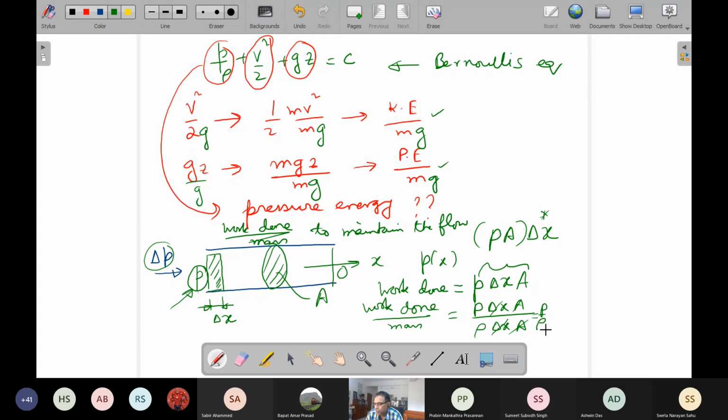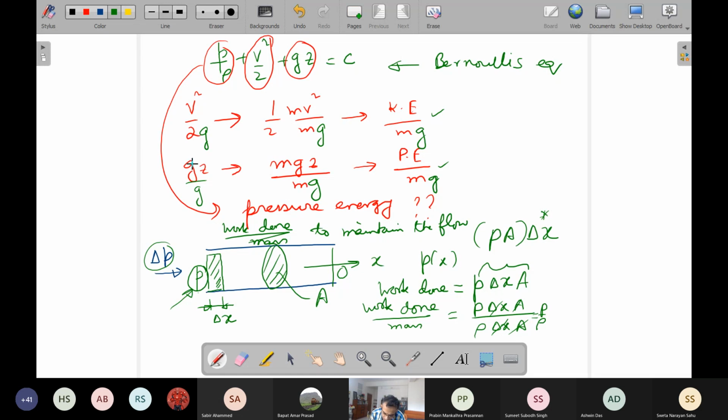When we talk about this work done per unit mass, normally in thermodynamics we talk about this work done per unit mass. In fluid mechanics, we talk about this one per unit weight. This is just a way of representing.